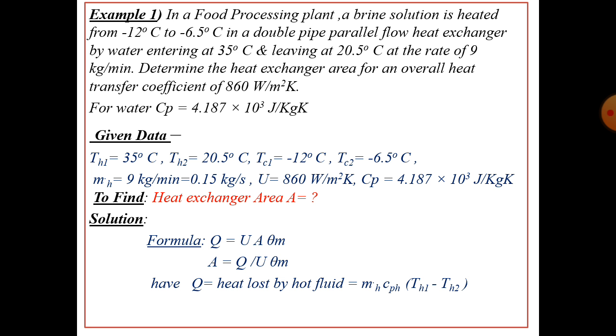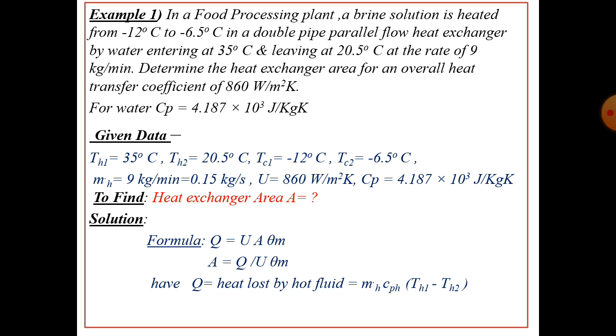It means that brine solution is a cold fluid, because in heat exchangers the temperature of cold fluid increases whereas temperature of hot fluid decreases. So as brine solution temperature is increased from minus 12 degrees Celsius to minus 6.5 degrees Celsius, it is a cold fluid.